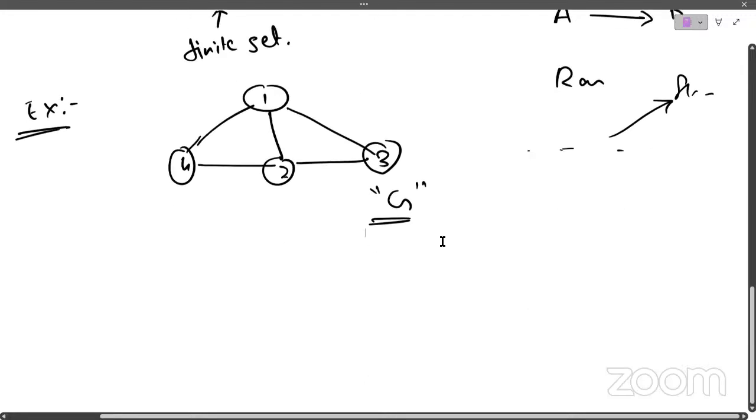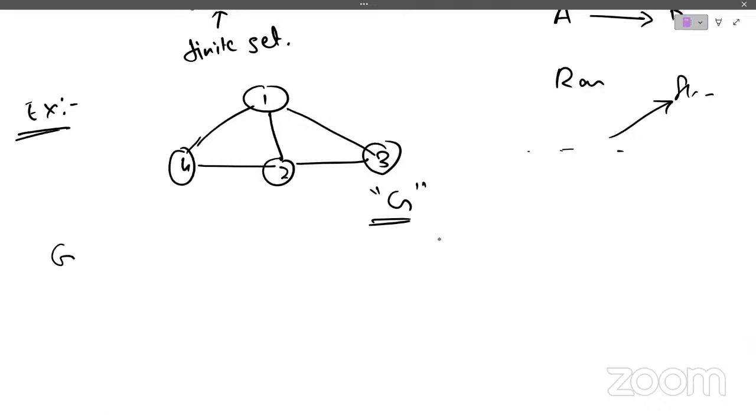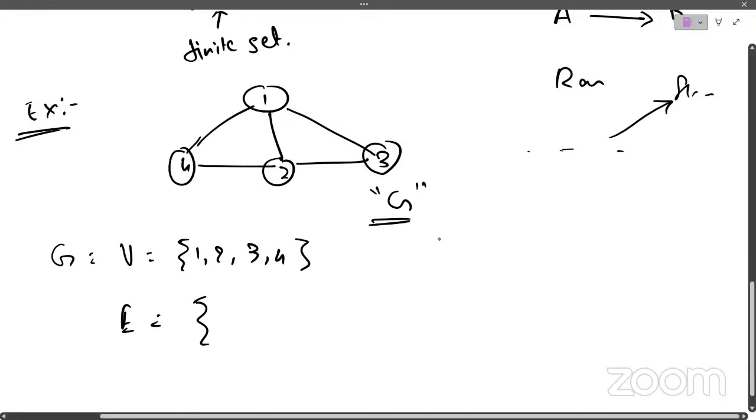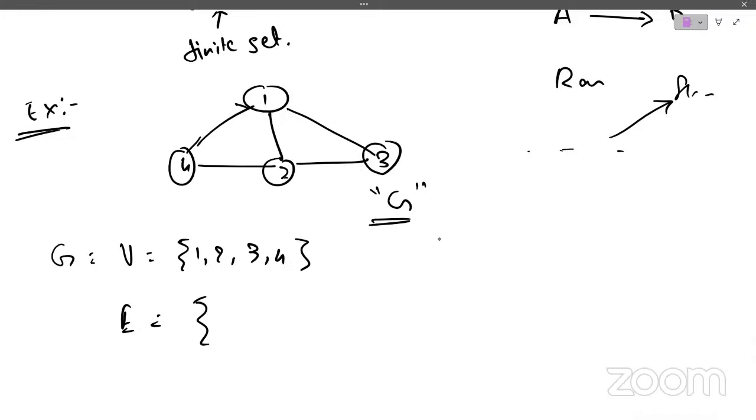So in the mathematical sense, how could you define the graph G? This graph G consists of the vertex set V as 1, 2, 3, and 4. And the edge set E consists of edges, but in this graph we haven't described the direction on each edge. We can say that this edge is directed from 4 to 1, or also from 1 to 4.